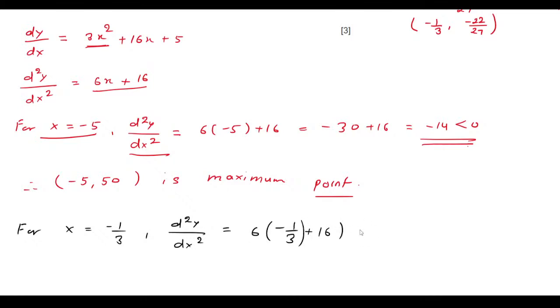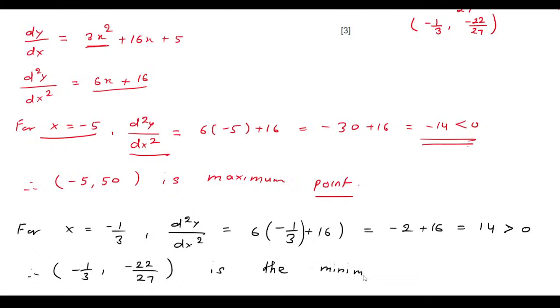This gives me minus 2 plus 16, which is plus 14, which is greater than 0. So therefore the second point, minus 1 by 3 comma minus 22 divided by 27, is the minimum point, or you can say the minimum value. Okay, so we have a maximum value and a minimum value.